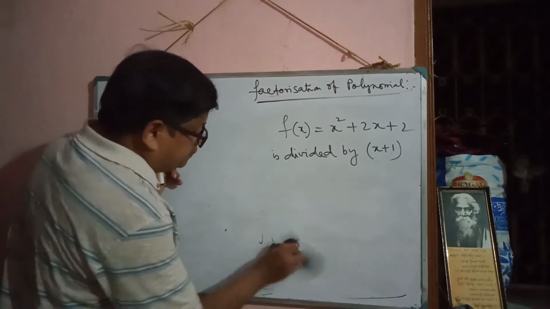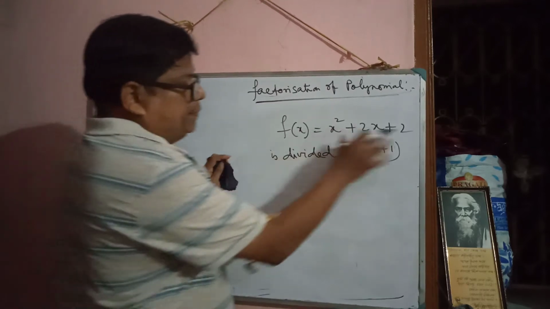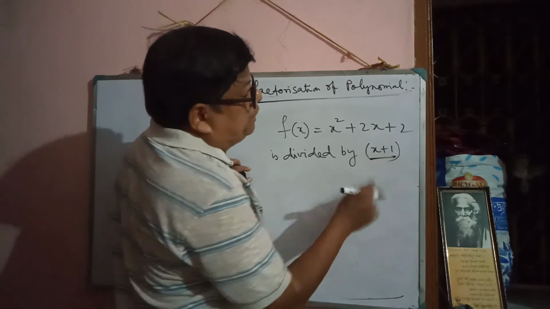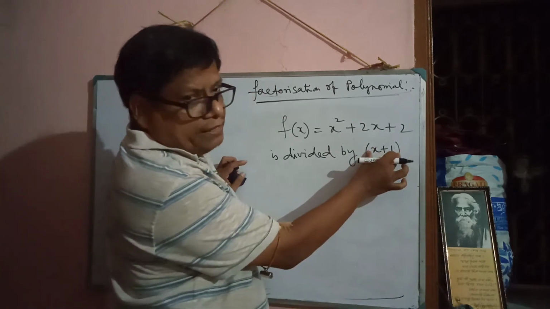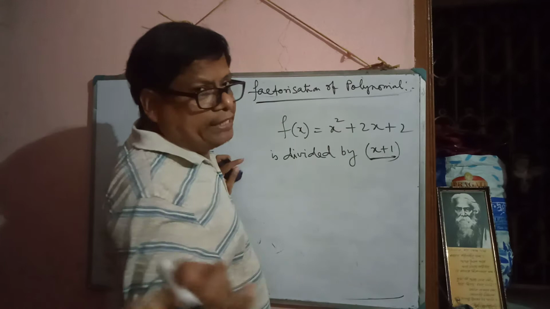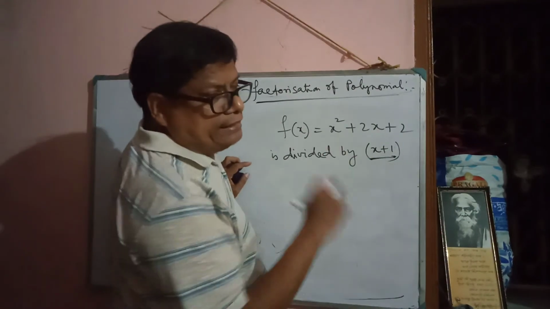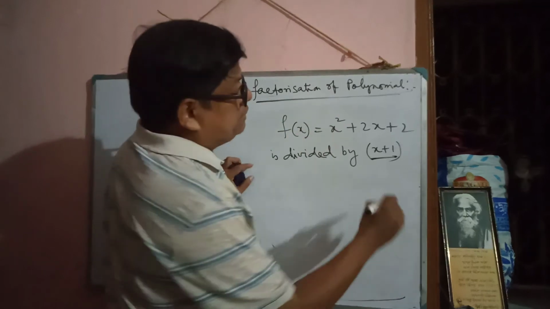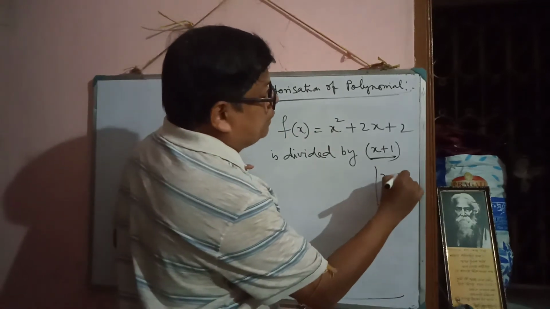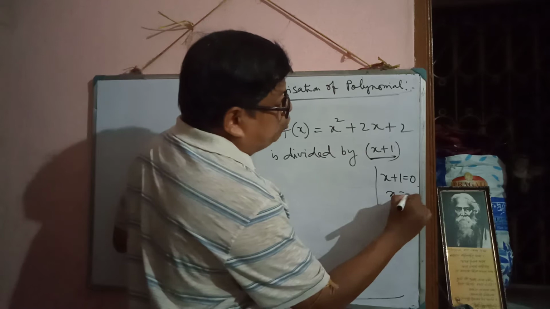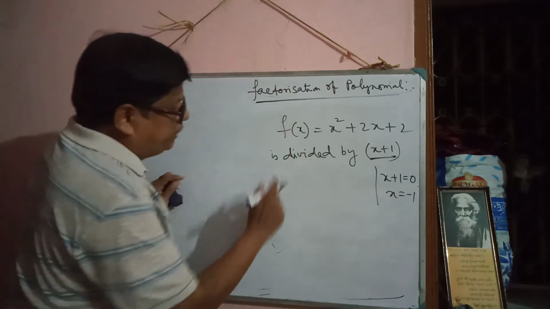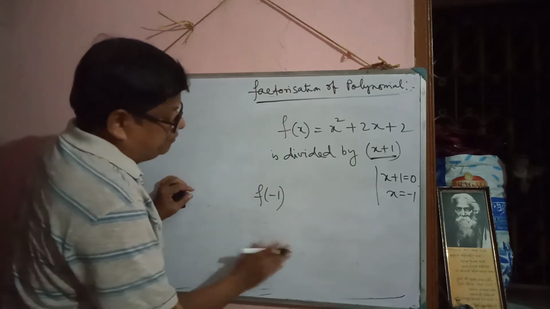First you write f(x), x plus 1 is given. If we put x equal to minus 1, opposite sign. Suppose x plus 1 equals 0, then x equals minus 1. Now you put the value here, f of minus 1.